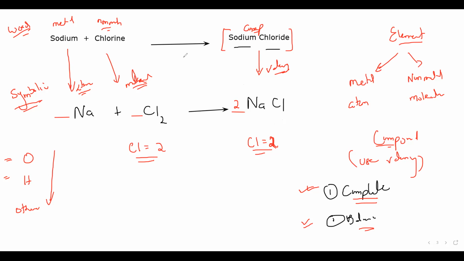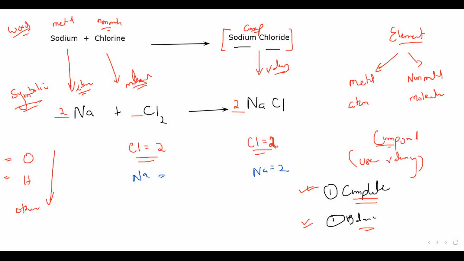Then we have to check for sodium. When we put 2, it now makes 2 sodium as well. On the left hand side, we have only 1 sodium. So what number should I write here to make 2 sodium? We'll write 2 here.